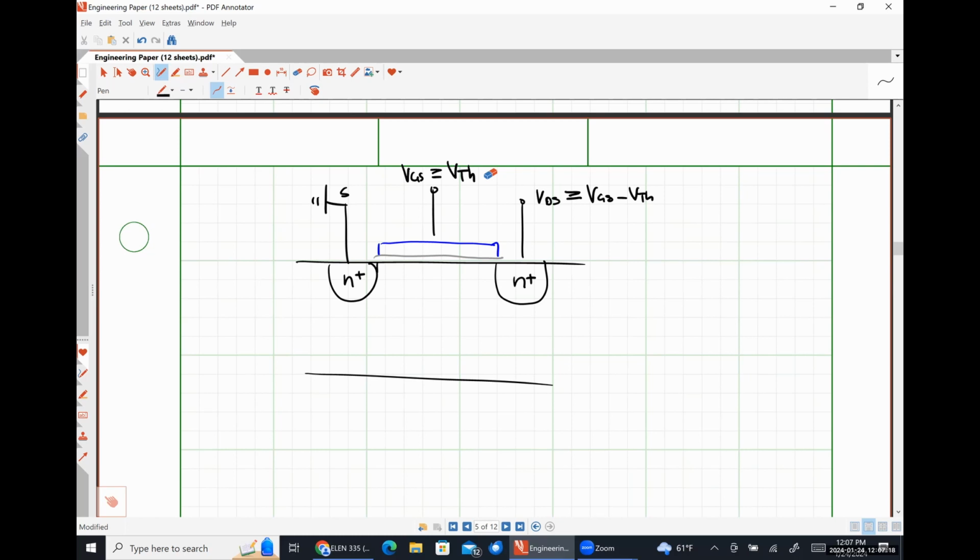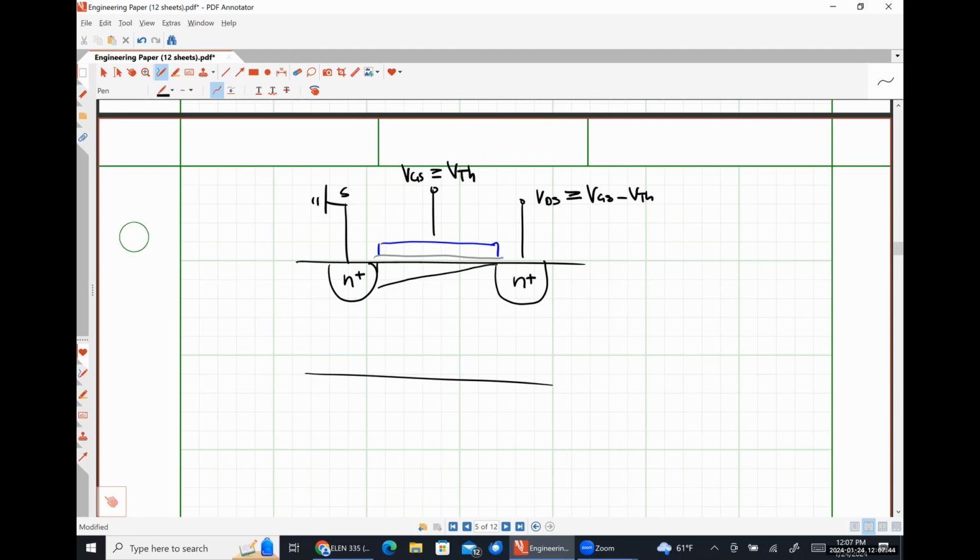So we're definitely in saturation mode of operation because VGS is greater than or equal to VTH, which means we have a conducting channel here, and VDS is greater than or equal to VGS minus VTH. So when VDS is exactly equal to VGS minus VTH, our charge distribution profile looks like this.